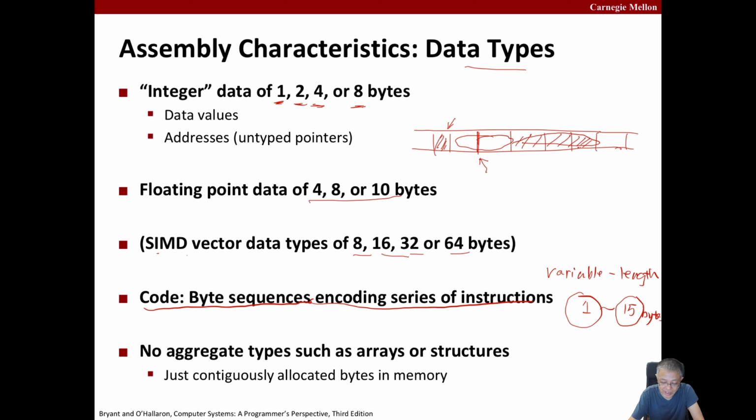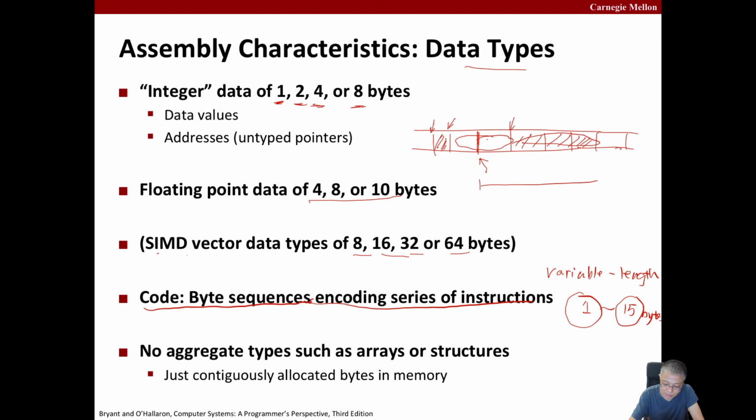So the CPU will actually start executing at this location, and it will try to interpret this byte sequence as valid instructions. So now you are creating instructions not exist in the original program, right? For the original program, the first instruction starts here, second starts here, the third starts here, okay?